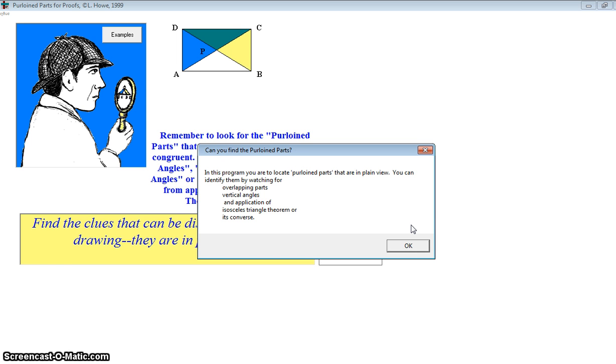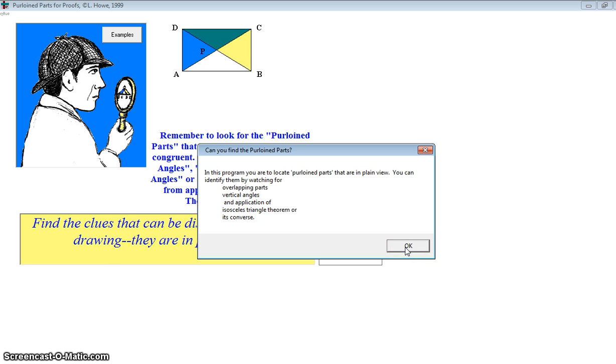In other words, if you have two base angles that are congruent, then their opposite sides must be congruent as long as they're in the same triangle. Or if you have a pair of sides that are congruent in a triangle, you've got opposite angles that must be congruent. So that would be an application of the isosceles triangle theorem or its converse.